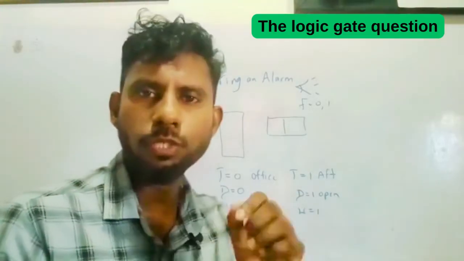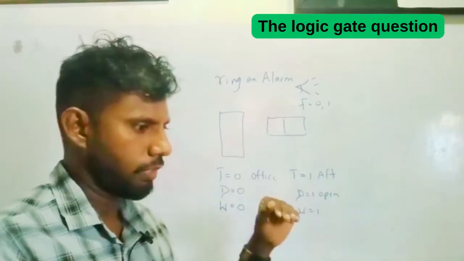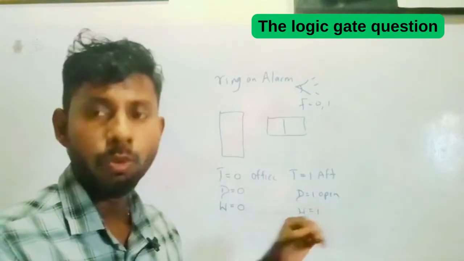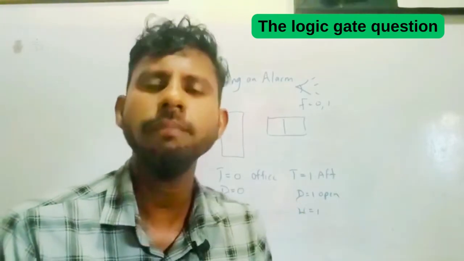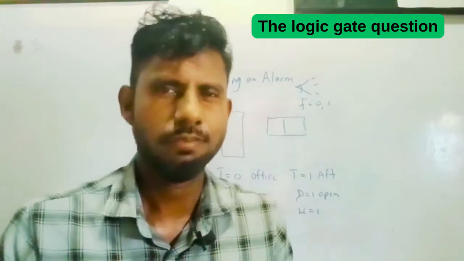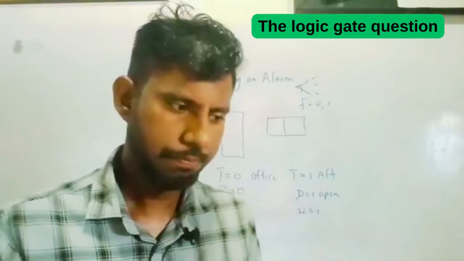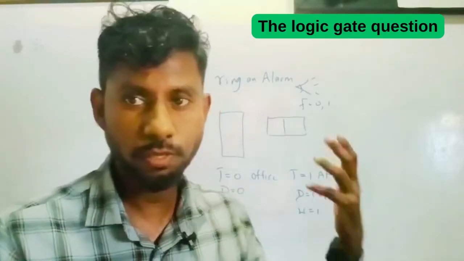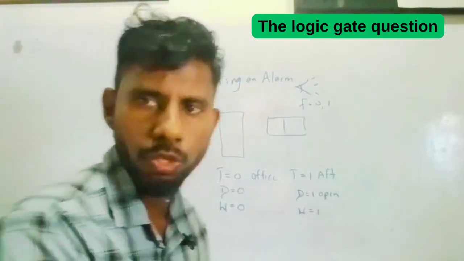Now the student wants to design it so that after office hours, if a door or window or both are open, the alarm should ring. That's logical, that's how it should work, right? So in the first question they're asking us to write down the truth table using this. So let's draw a truth table.